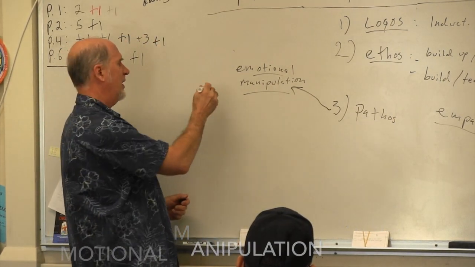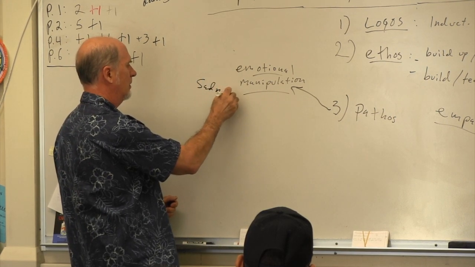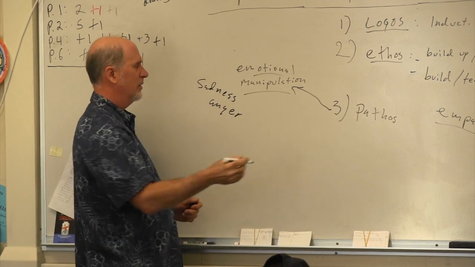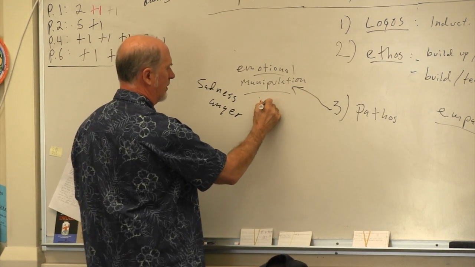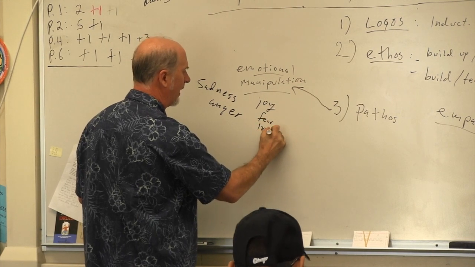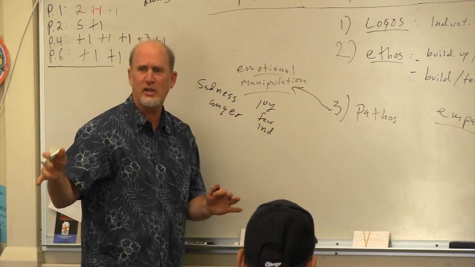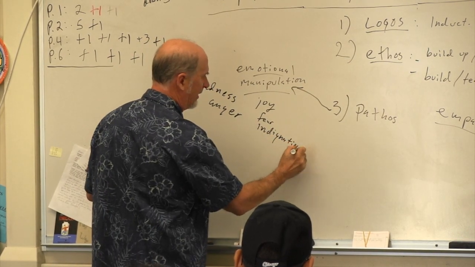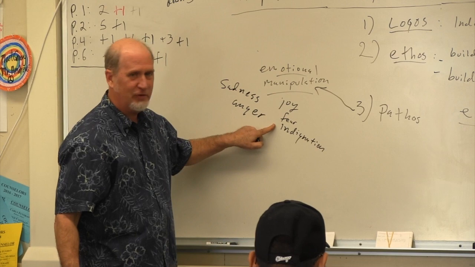Tears. Sadness? Anger. What else? Happiness. Joy? Fear? Okay, you're hurt. Okay, that's what we'll call that. Instead of butthurt, we'll call that indignation. Okay, that's actually the word Aristotle uses.